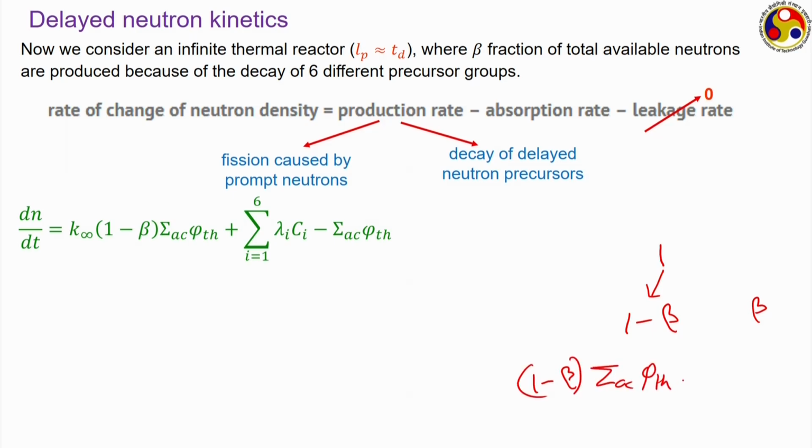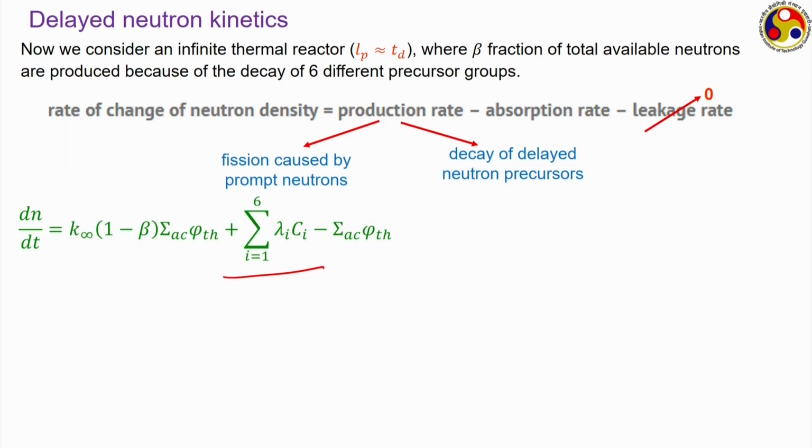This is the number of prompt neutrons that get absorbed and are about to cause a fission reaction, and once we multiply this with the multiplication factor, that gives the number of prompt neutrons produced because of fission. And the second production part, the decay of delayed neutron precursors, is this. Here lambda i is the decay constant for the ith group of precursor, the average decay constant, and C i is the concentration of that ith group.